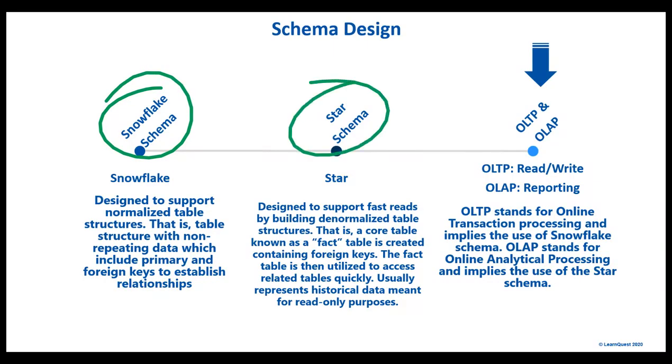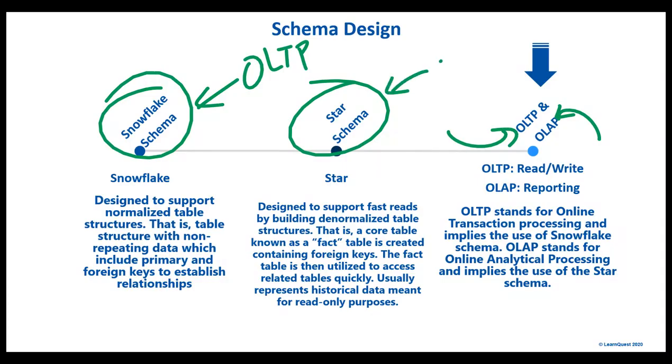The snowflake and the star schema are designed primarily for online transaction processing and online analytical processing. The snowflake schema is designed for online transaction processing, where the data is essentially written to. And star schema is written and designed for online analytical processing or for the purposes of reporting.